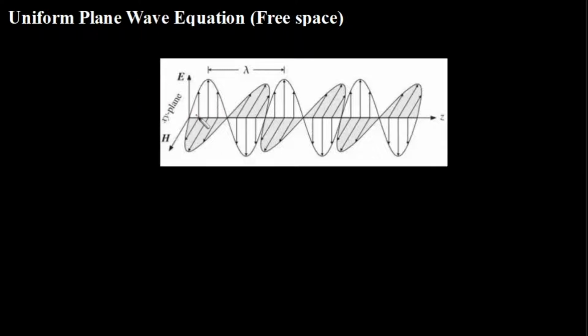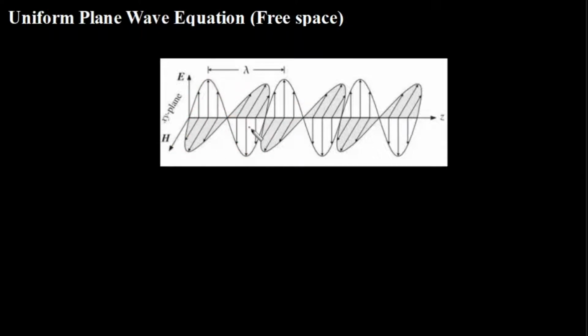At this point of time you should not worry why the shape is sinusoidal. As you can see here, the wave is starting from the origin, so I have to say that this is a sinusoidal wave, right? Cosine wave is not possible. So this is my E and this is my H.